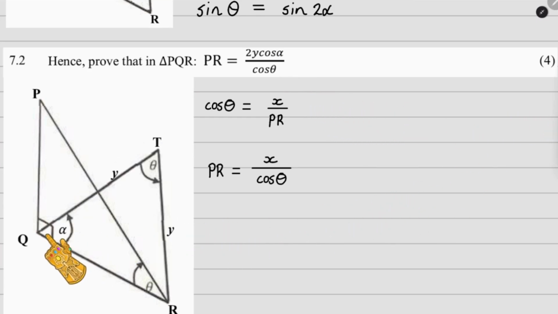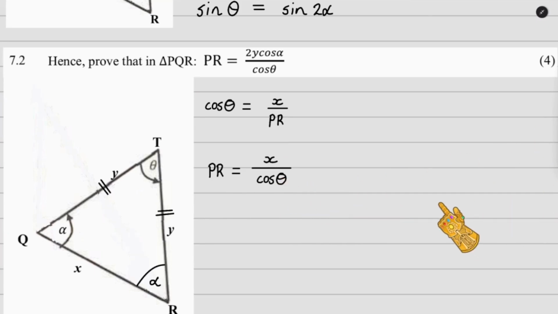So now we divert our attention to triangle TQR, and we want to get an expression for x that mimics this format. So we're going to ignore triangle PQR and work with triangle TQR. Okay, now that we're in triangle TQR, we are on the tougher side of town.